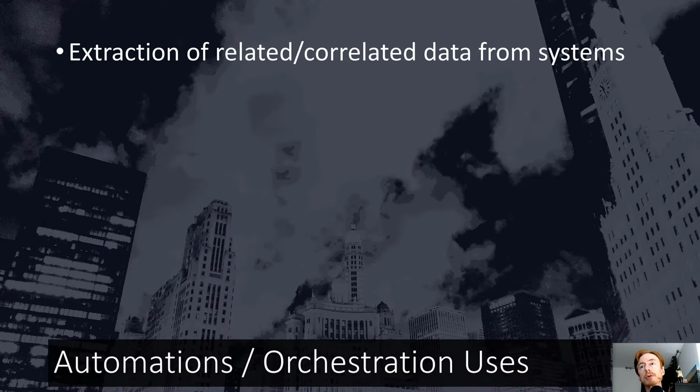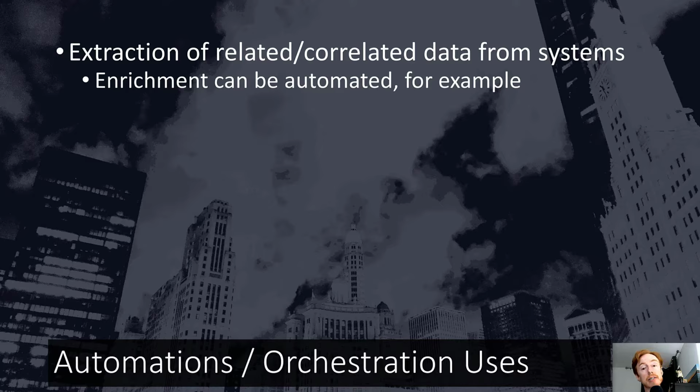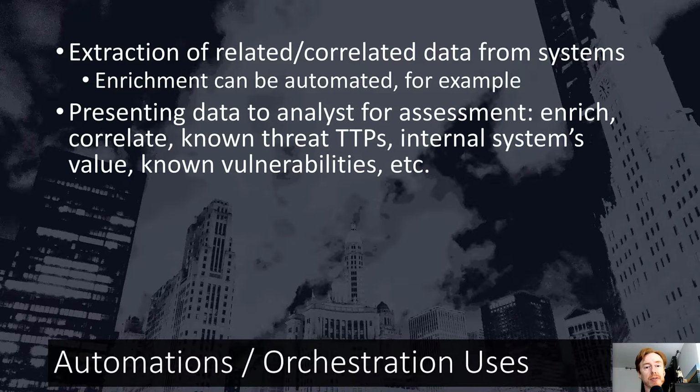The uses that we have for automation and orchestration start with the extraction of related and correlated data. As an example, one can do enrichment in a non-automated fashion, but enrichment itself can be automated so that it's directly available, or queries are performed on behalf of someone who wants that enrichment data.